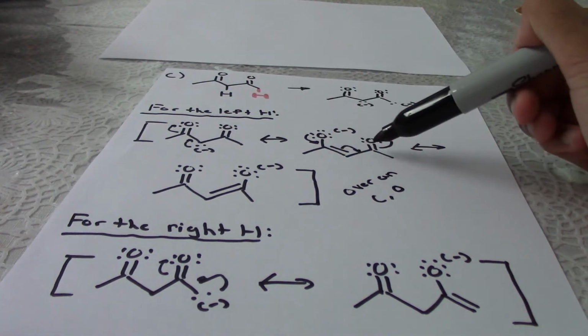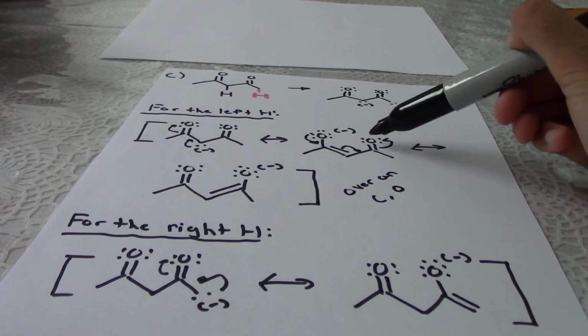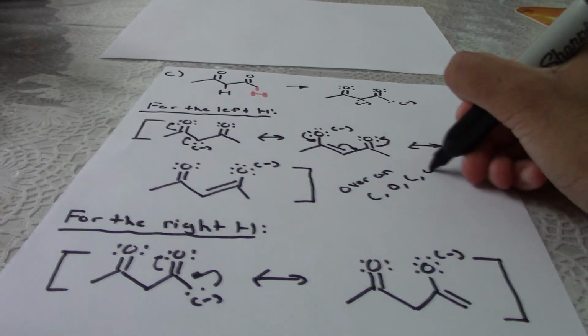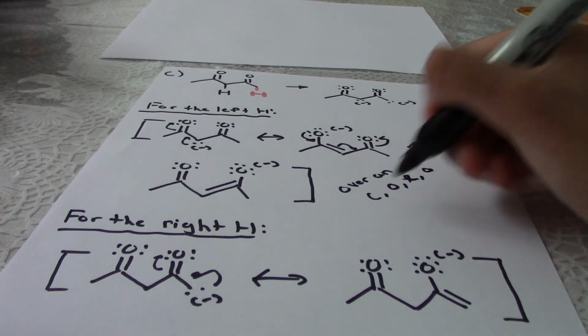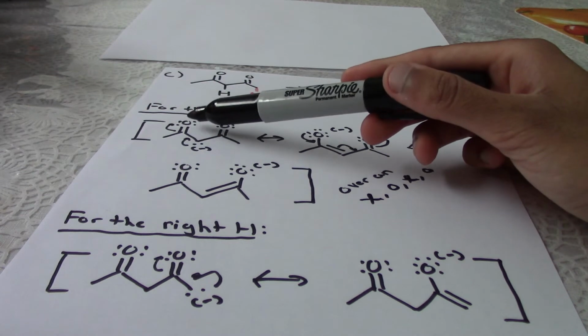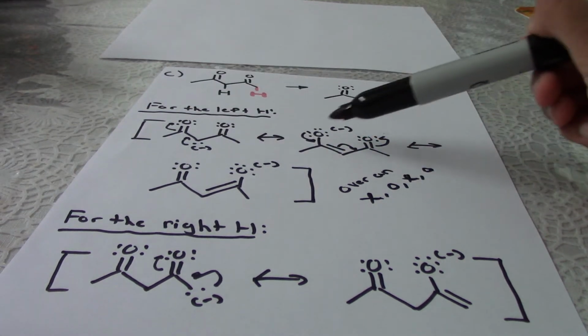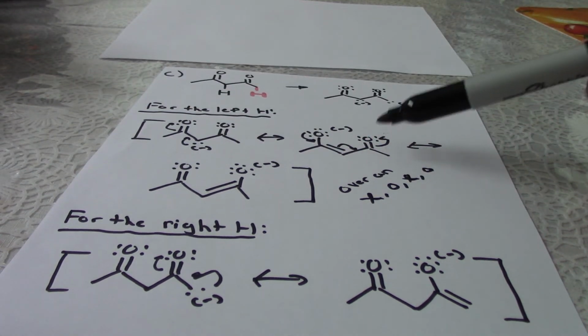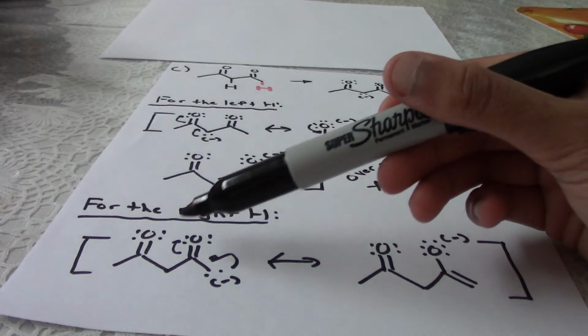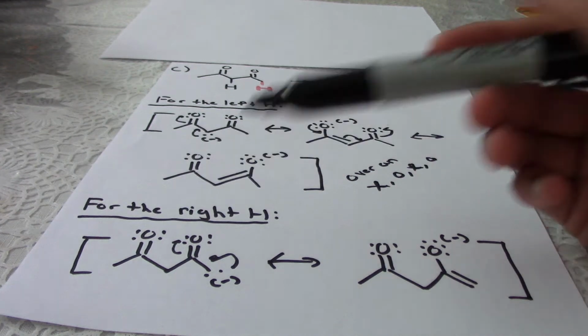But if I look over here, it's also stabilized by another oxygen atom and another carbon atom, so a carbon atom and an oxygen atom. But I don't really care about these carbon atoms. What I want to focus my attention on is the fact that it's resonance stabilized over an oxygen atom, which is electronegative, and another oxygen atom over here where it's electronegative. But in this case, it's only stabilized over one oxygen atom.